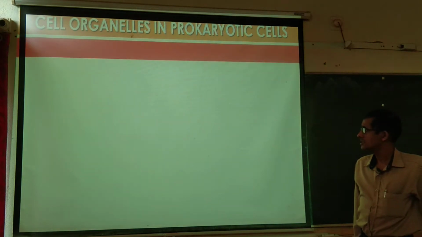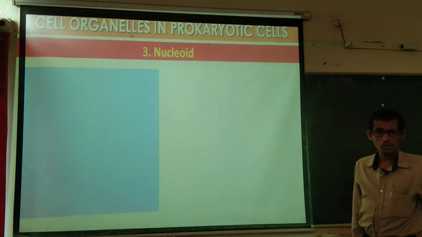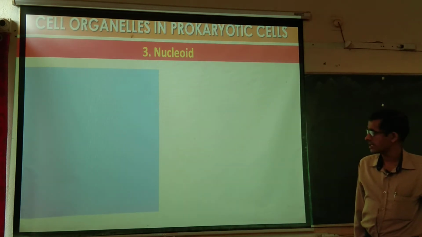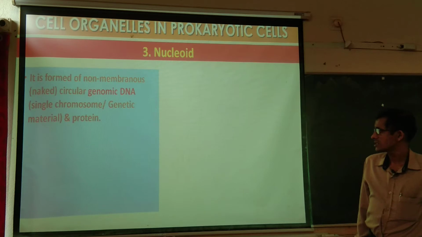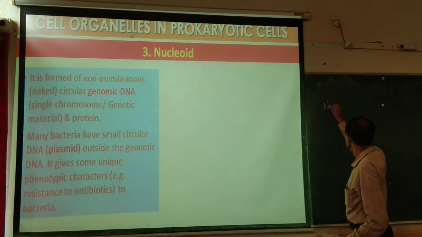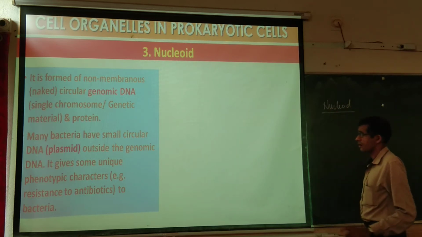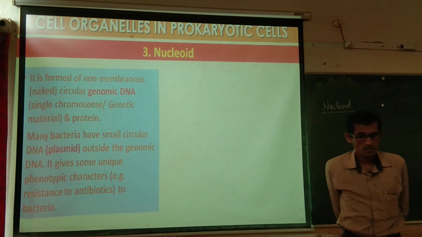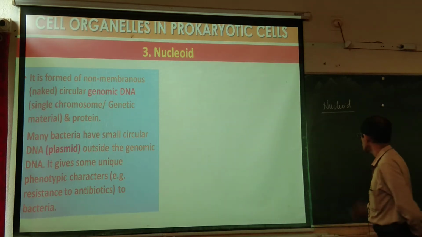The next important structure with respect to the cell in the prokaryotic cell is the nucleoid. What is meant by nucleoid? Nucleoid means what? It is formed of non-membranous circular genomic DNA.